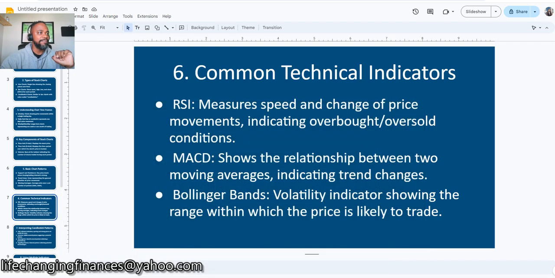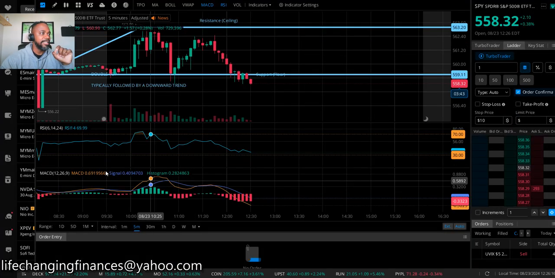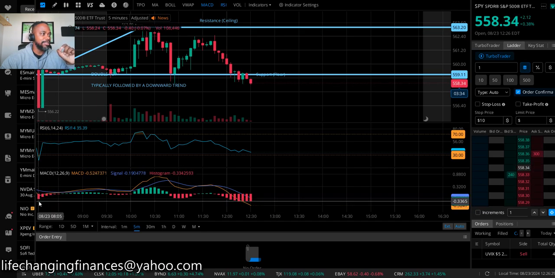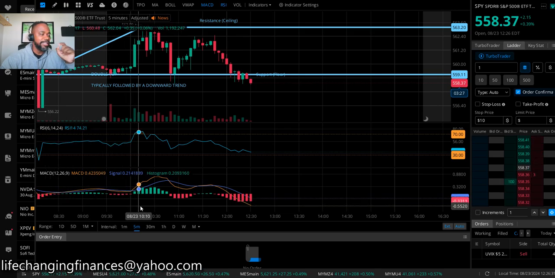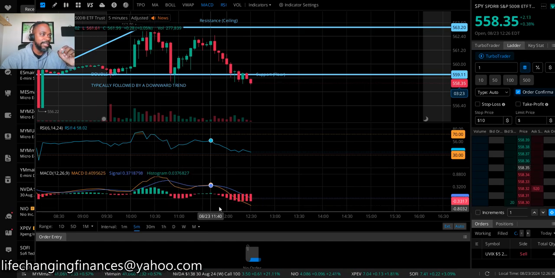Now the MACD, which shows the relationship between two moving averages, indicating trend changes. So if we want to look at the MACD, you would click there, and so you can see this is showing you on a 5 minute chart what's happened, how things transpired. So you can see there was some selling pressure. We went into some buying pressure. Then we came down. Then we had a huge spike up in the MACD, and now we're coming down, as you can see.